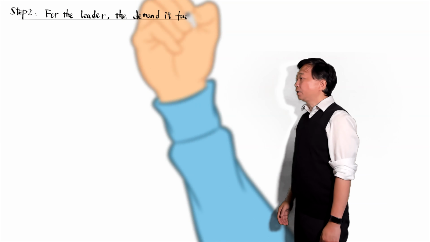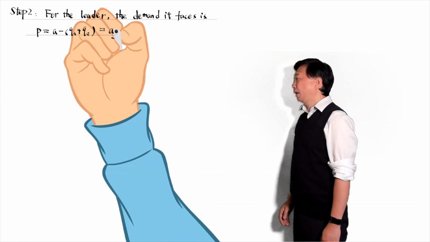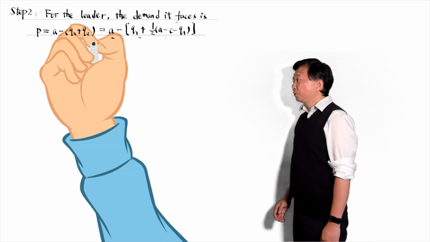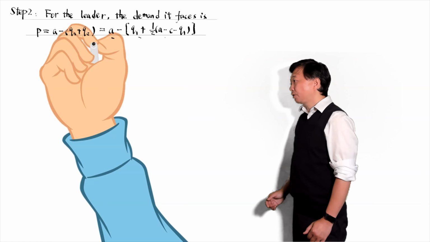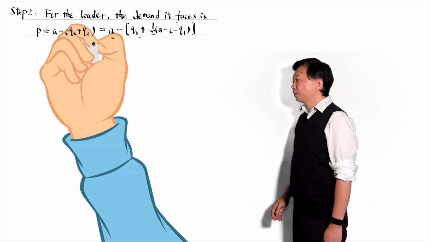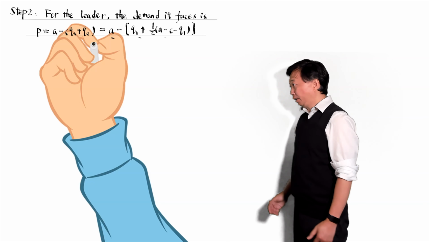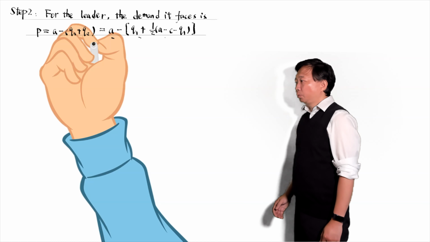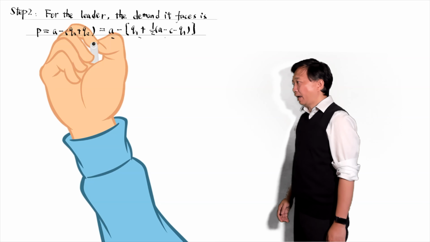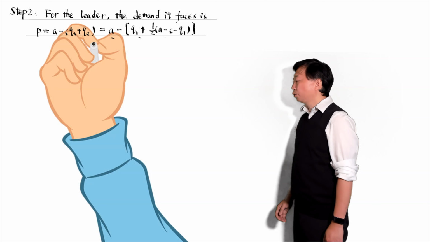Next, we consider the leader firm's choice of output level. The leader knows that the follower's quantity of output relies on its decision because it sets quantity first and the follower sets quantity later. So the leader will take it into account and choose an output level that maximizes its profit. For the leader, the market price P is no longer a function of Q1 and Q2.